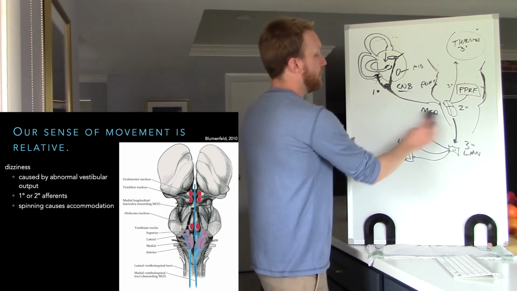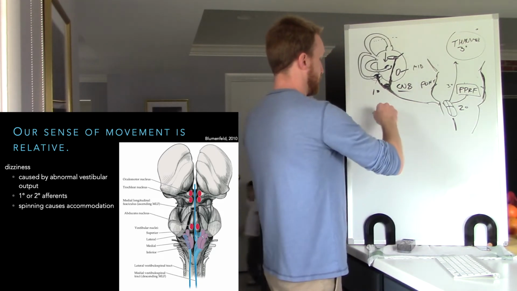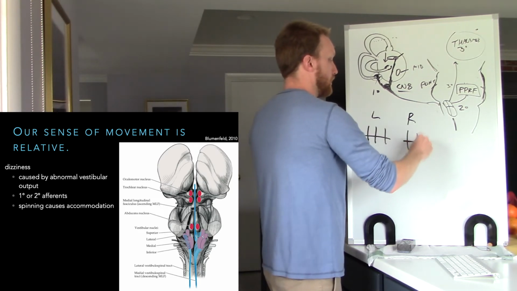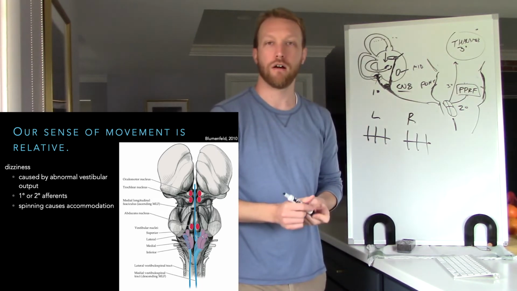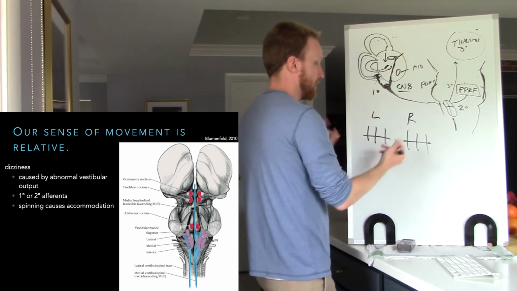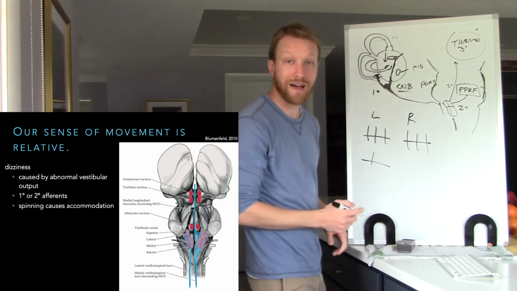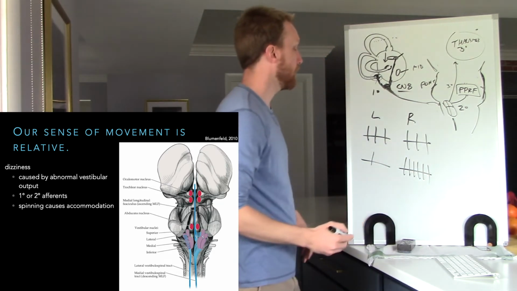So let's say that our baseline balance of activity on left and right is going to be about 3 action potentials for some arbitrary unit of time. Now, as we're spinning, let's say we spin to the right, well, we're going to have reduced output on the left because we're not moving to the left, and we're going to increase output on the right.